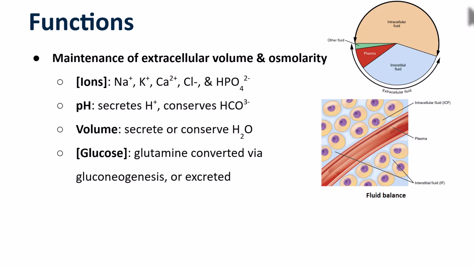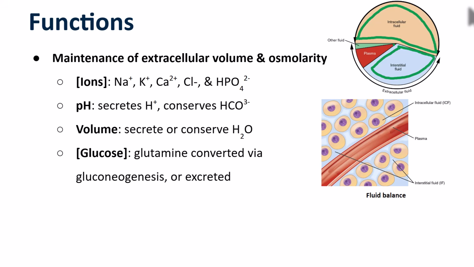There are three major functions of the urinary system. The first being the maintenance of extracellular volume and osmolarity. So there is quite a large amount of intracellular fluid that's within plasma membranes. And then there's the interstitial fluid that's surrounding cells.